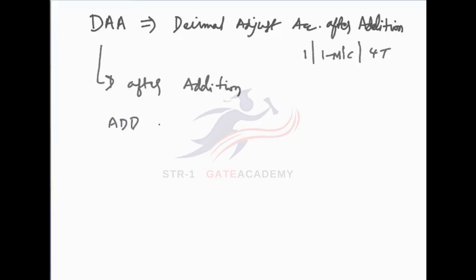See, after the addition operation, I am assuming the result is stored in the accumulator. So the accumulator data, now I am taking, is 5AH. Then I am using the DAA instruction.